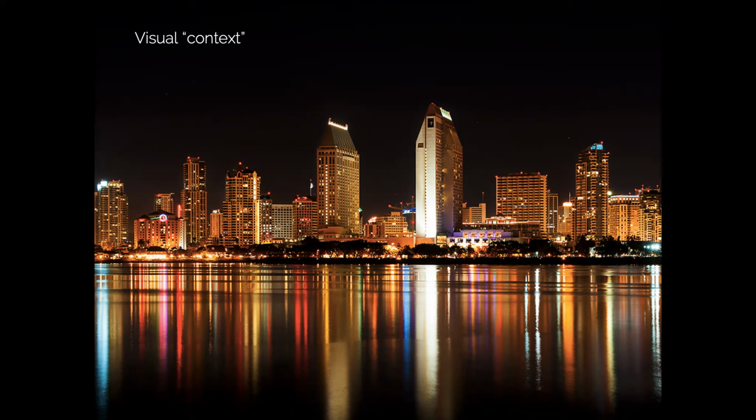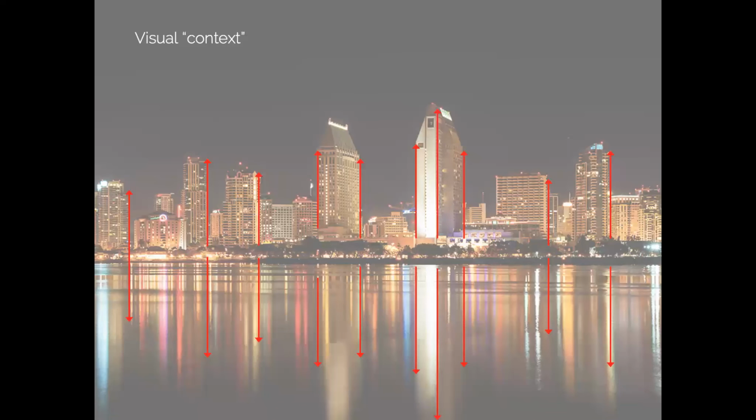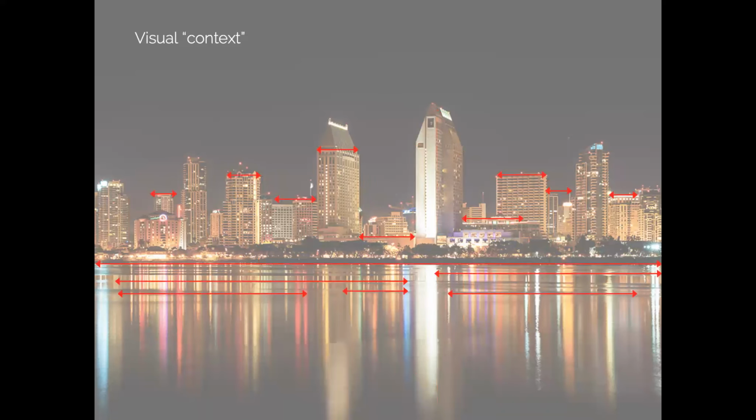If we call this a visual scene in which orientations obviously exist, you might see that there's a lot of vertical orientations as well as a lot of horizontal orientations. And this is not only true for the San Diego skyline, but this is largely true for most of the visual input that people get from day to day, both over the course of their individual development as well as over the course of the evolutionary development of the human species.